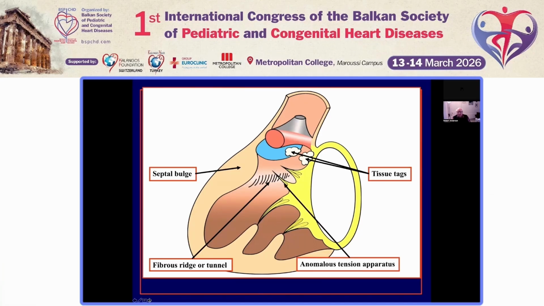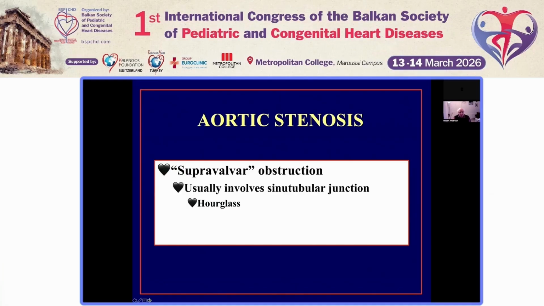We can find anomalous tension apparatus, but that is much more usual when we are dealing with atrioventricular septal defect. But remember, we can also have subvalvular stenosis in the setting of a deficient ventricular septation, and that is typically the cause of a deviated outlet septum, but all of this can coexist with valvar obstruction.